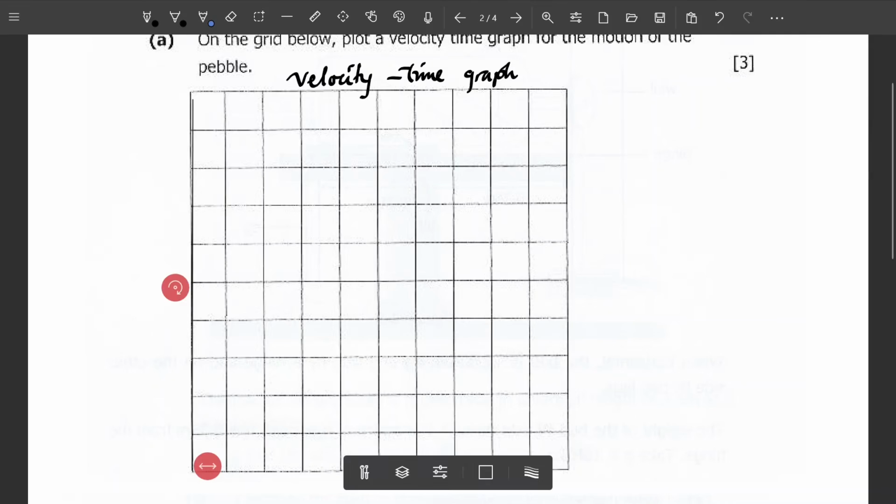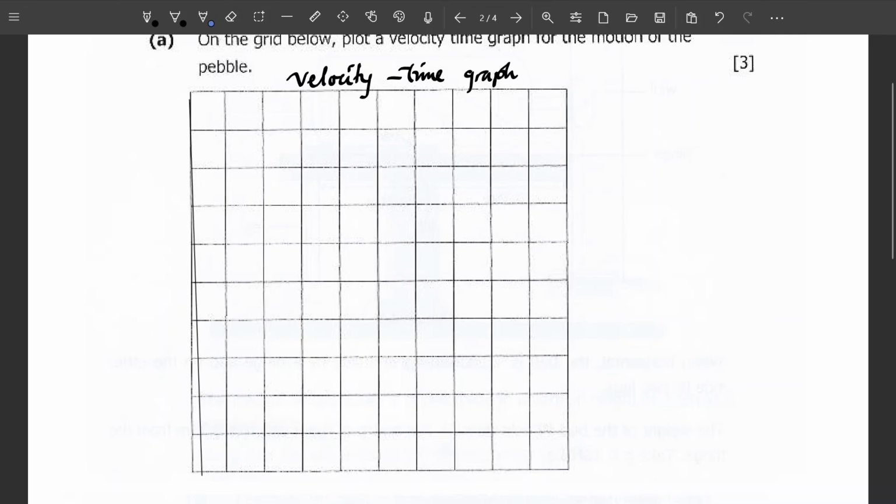Okay, I want to rotate it, but it's unable to give me what I want, so I may just delete it. So I have deleted it.